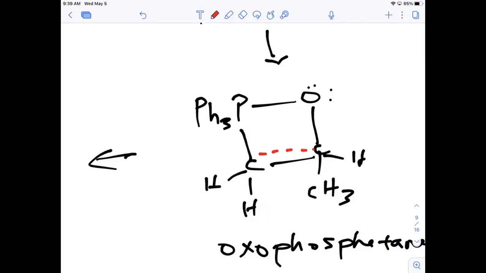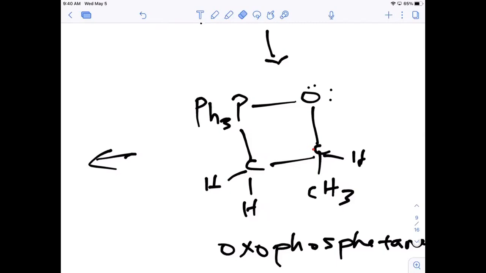But what do you think? How can I put a pi bond there using what I already have? I need some electrons from somewhere. Am I right? From the oxygen?